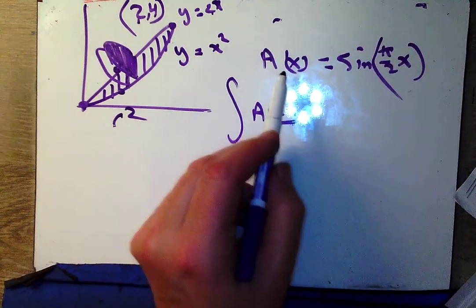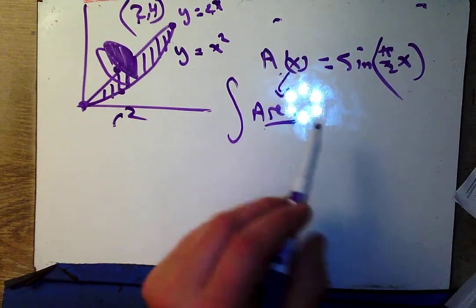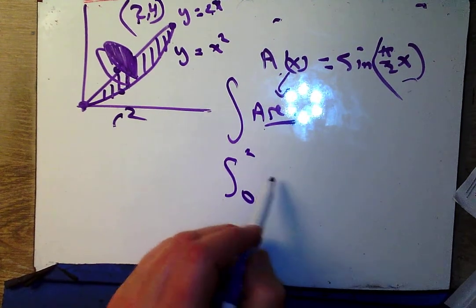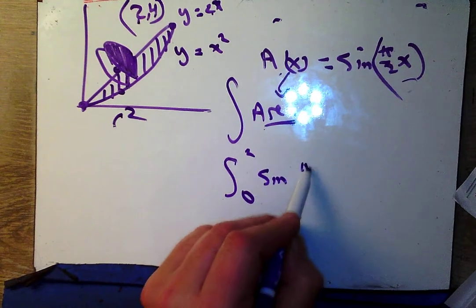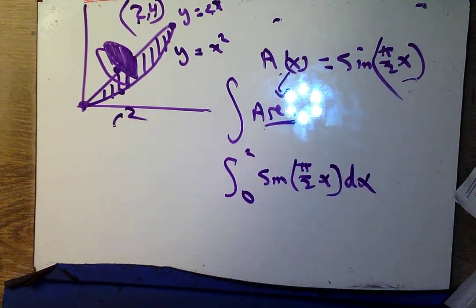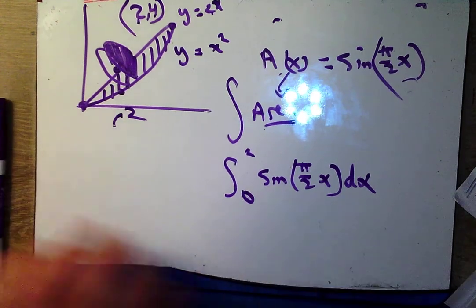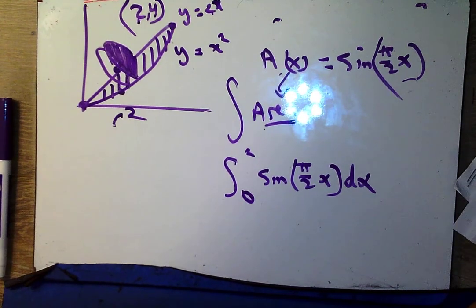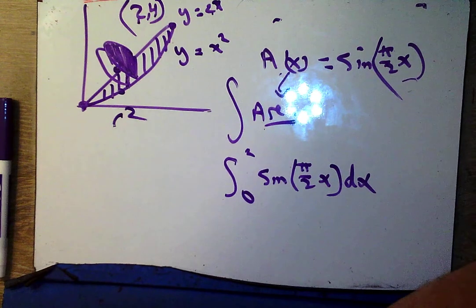So what's area? This is area. And notice I have dx, so 0 to 2 of sine pi over 2x dx. I think that that's all there is to this. But it's good to be sure. So let me just quickly check that.